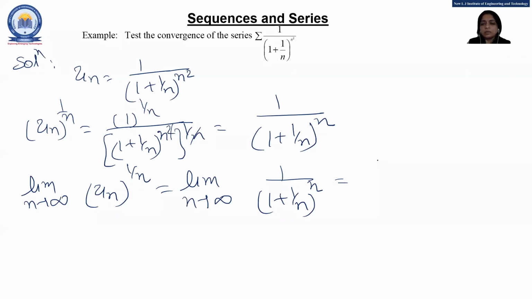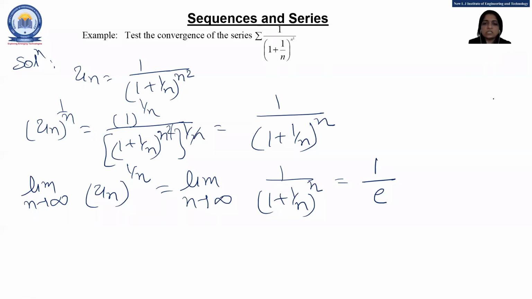Here 1 remains the same, and this is limit n tends to infinity, (1 plus 1 by n) raised to n. That is what? That is e. Yes, very good. So that is e, and this is 1 by e.